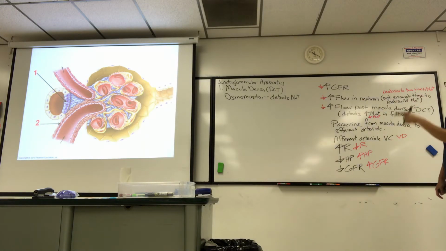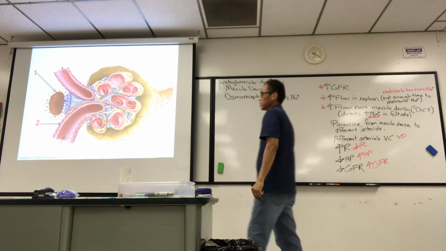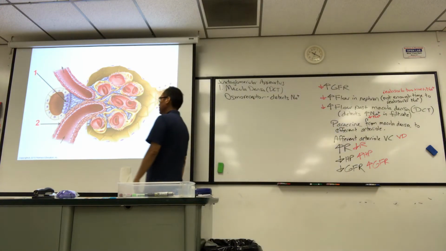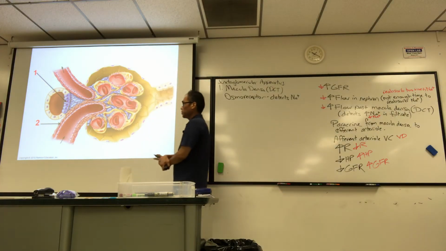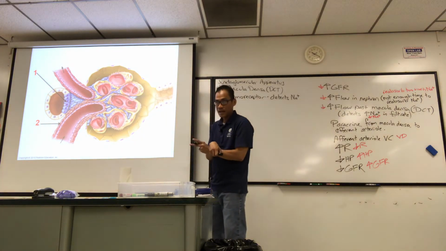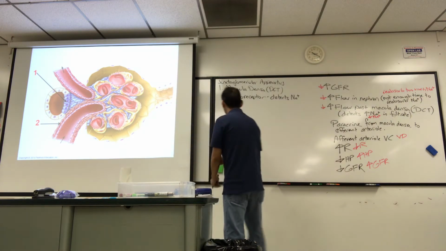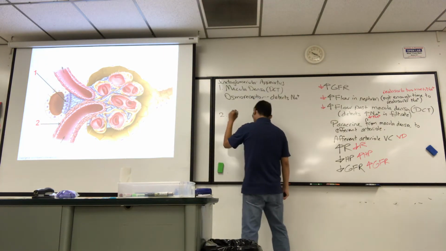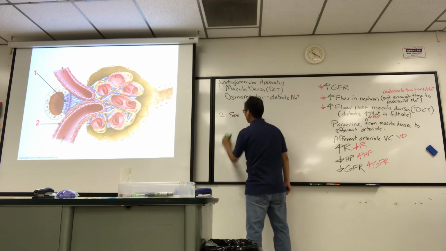The other one, number two, those are pointing to specialized smooth muscle cells in the TM. Remember arterioles have how many tunics? Two. TI, TM, no TA. So the TM is smooth muscle cells. So number two is pointing to cells called juxtaglomerular cells.